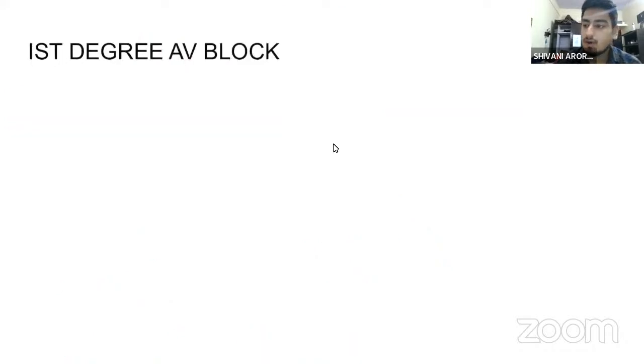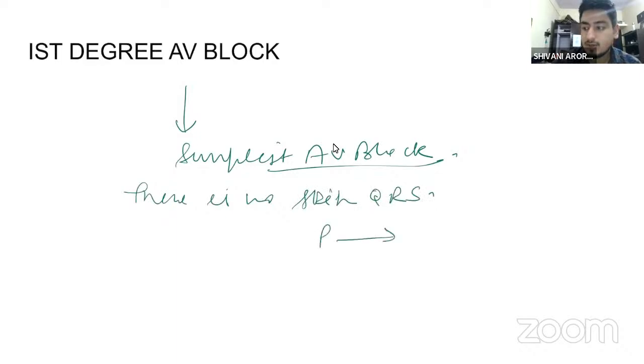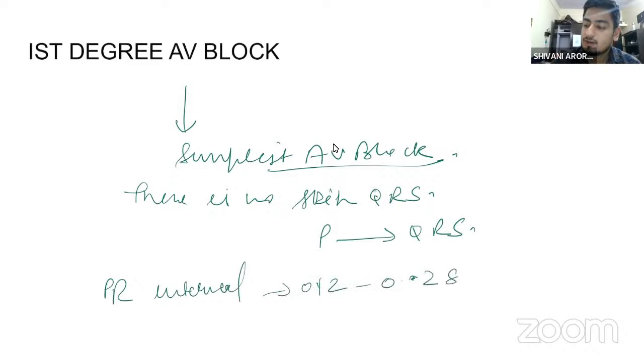Now first degree AV block. So in first degree AV block, it is the simplest type of AV block. Okay. How we diagnose it is that there is no skipped QRS. Means every P wave is followed by a QRS wave. The only difference is our normal PR interval is 0.12 to 0.2 seconds.